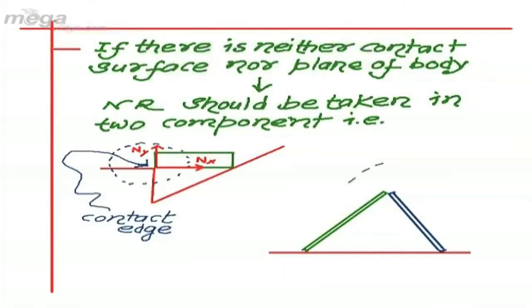In this condition also, we must take normal reaction into two mutually perpendicular directions. One component is vertical and the other component is along the horizontal, Nx.